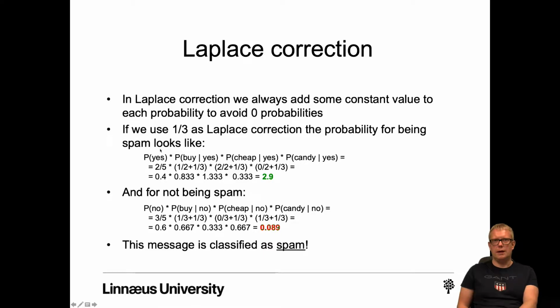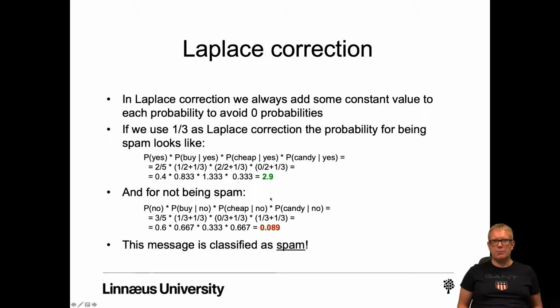Here we don't add a constant, but we add a constant for all the words given the different categories. So probability of buy given yes is 1 divided by 2, that's what we look up in the table, plus the Laplace correction 1/3. Probability of cheap given yes, we look up in the table, 2 divided by 2 plus the Laplace correction 1/3. And we calculate, and the result is 2.9.